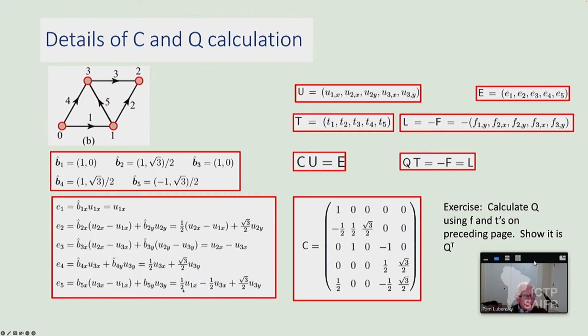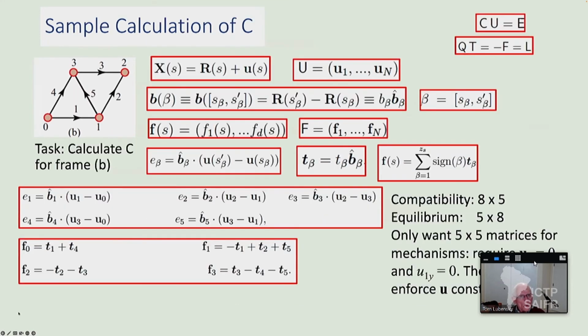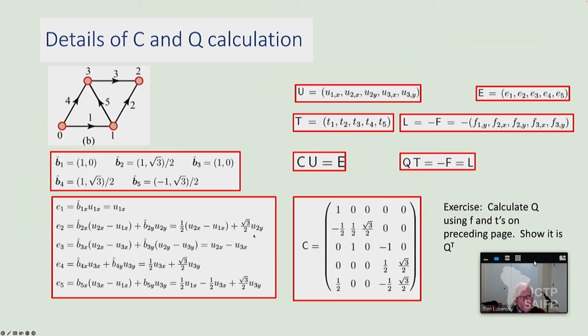And so you can write out the equations on the other page that we just looked at. So this is the E equation and the T equation. I'm just writing these equations out, and you can convert that into the matrix CU is equal to the stretches here, and this is the C matrix.